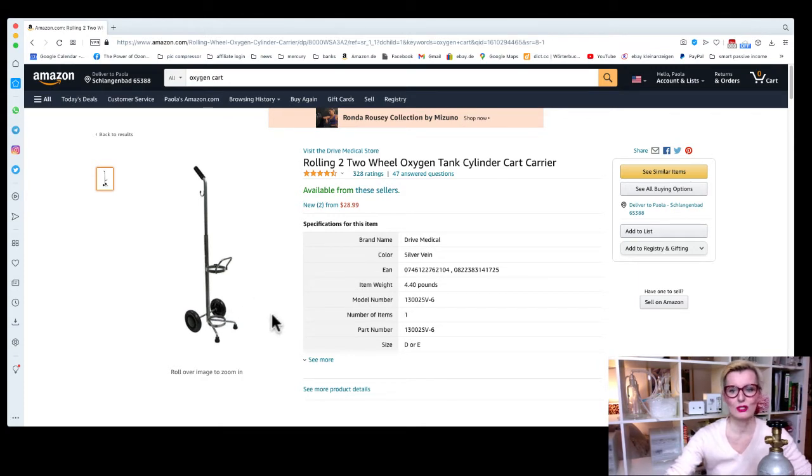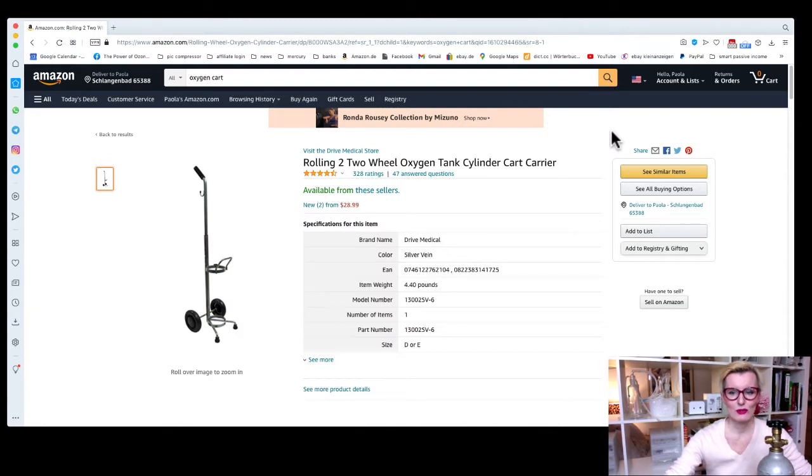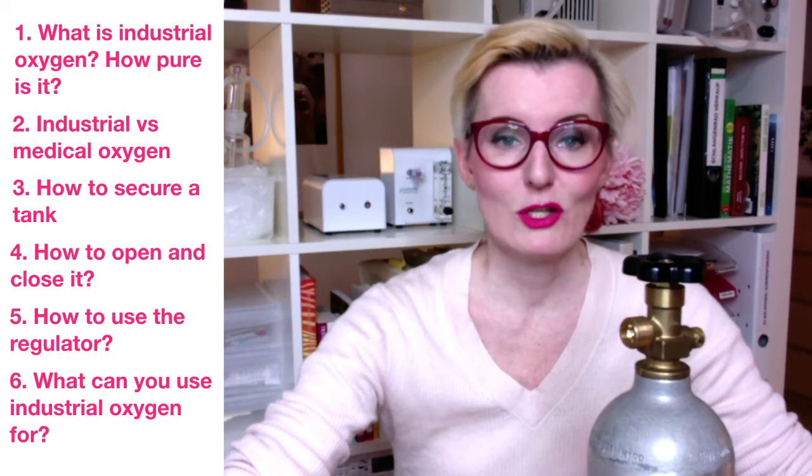Another solution is to, for example, use velcro straps and fixate the tank to the leg of a sturdy table, or some people also use chains or some type of contraption that will fixate the tank and make sure that it cannot fall over.